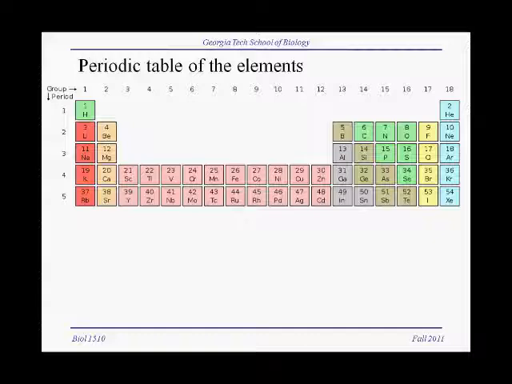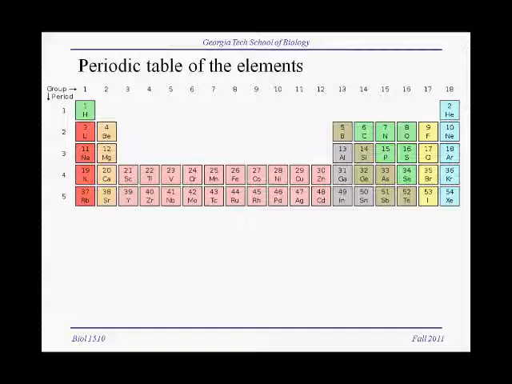To help understand how these elements react with each other and with other molecules, we need to look at the properties of these elements. So the periodic table actually helps us to understand how elements react with each other to form chemical bonds.